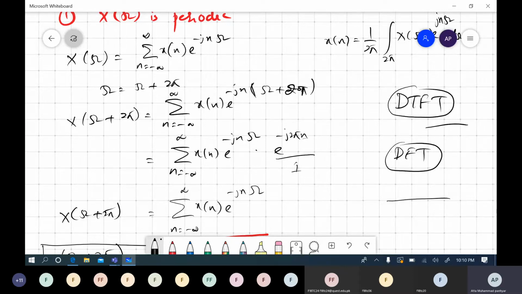In DTFT we have on the omega axis a continuous spectrum, periodic with respect to 2 pi, but in the DFT the spectrum is also sampled, right? So this is the difference between these two transforms. So we cannot call this particular transform which we are discussing today DFT, instead it is DTFT, right?